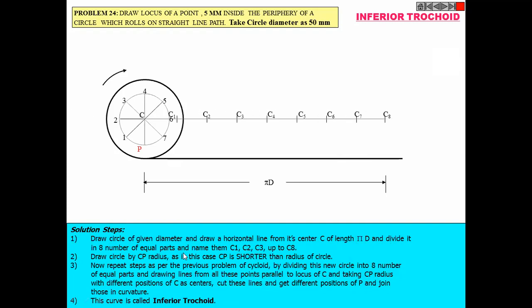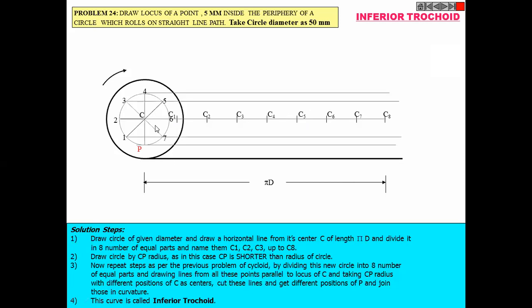Like this. 1, 2, 3, 4, 5, 6, 7, 8. Now draw horizontal lines from each and every point. Now taking radius equal to CP. Here CP. This CP. This much radius. First from the C1 point.